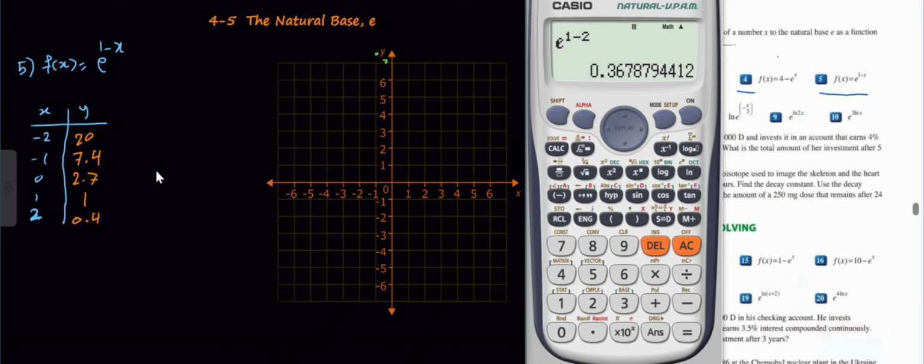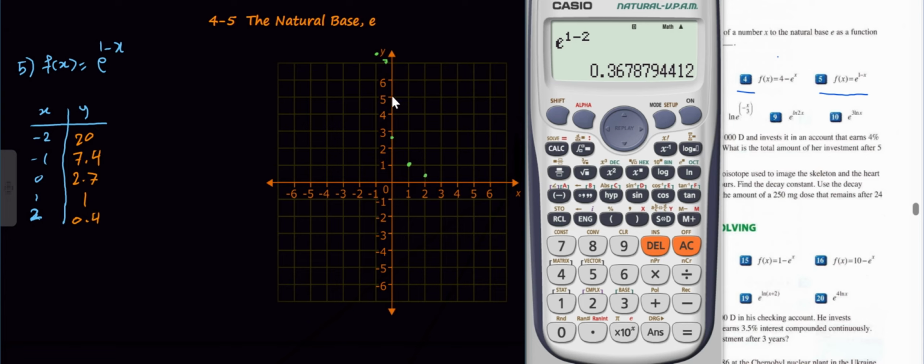And we have 0 with 2.7, it's seen here. We have 1 with 1. And we have 2 with 0.4.